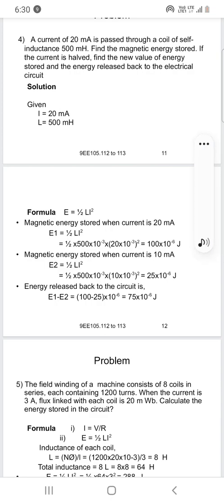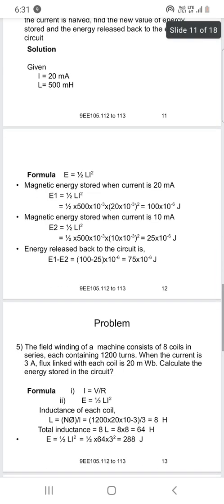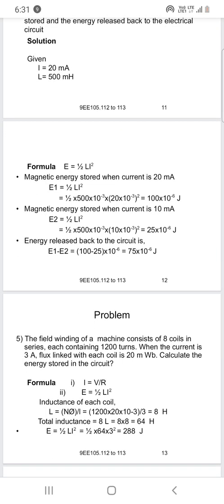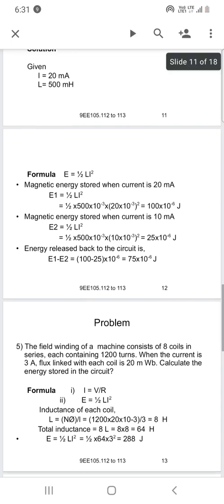So half into L, where L is 500 millihenry, that is 500 into 10 to the power of minus 3, into the current 20 milliamperes, that is 20 into 10 to the power of minus 3, squared.